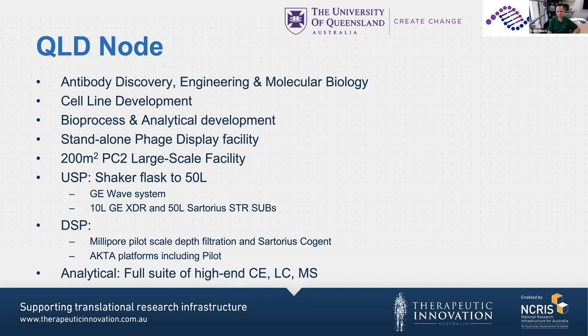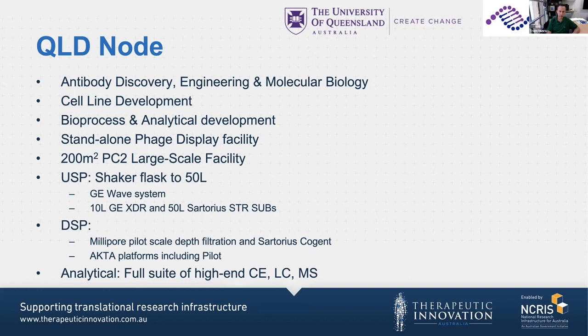On the downstream side, it's what you'd expect. So we have Millipore equipment for allowing clarification with depth filtration, also various other equipment for doing other types of filtration through the process. For purification, we have AKTA platforms all the way up to an AKTA Pilot, which is fully sanitizable for high quality material generation. Analytically, we've been investing in that over the last year.